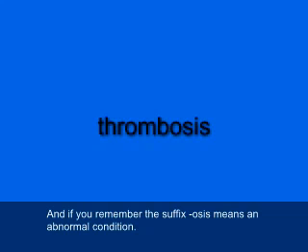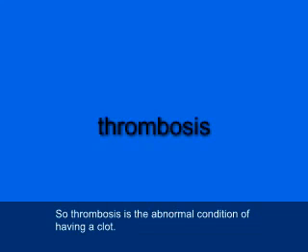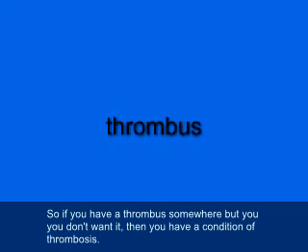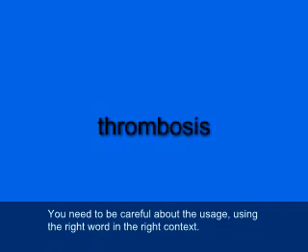And if you remember, the suffix osis means an abnormal condition. So thrombosis is the abnormal condition of having a clot. So if you have a thrombus somewhere that you don't want it, then you have a condition of thrombosis. So you need to be careful about the usage, using the right word in the right context.